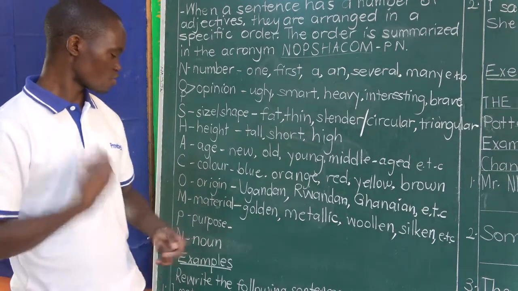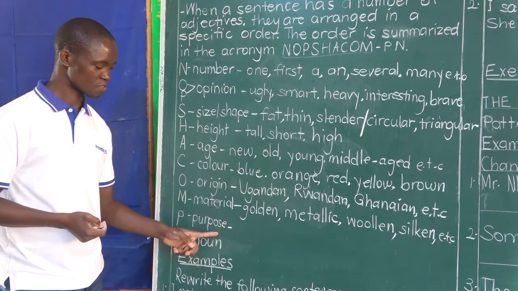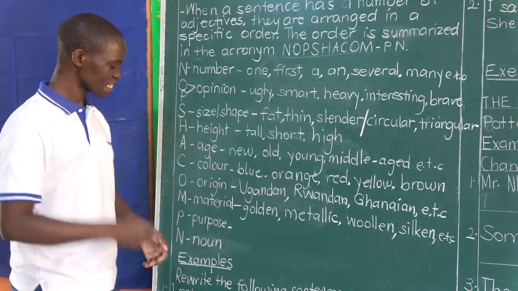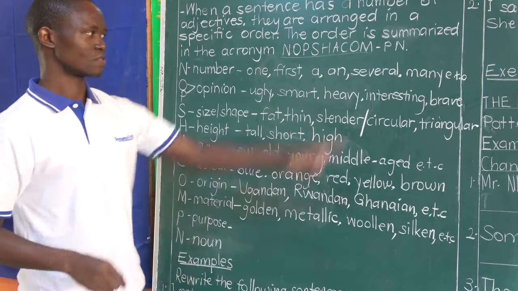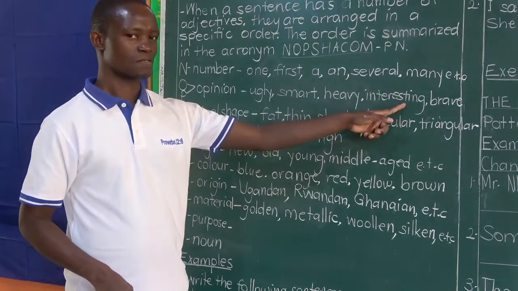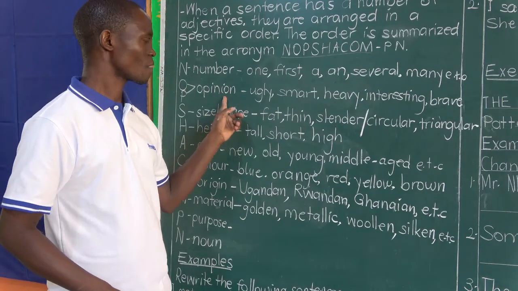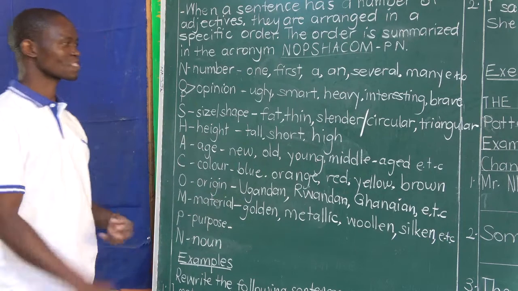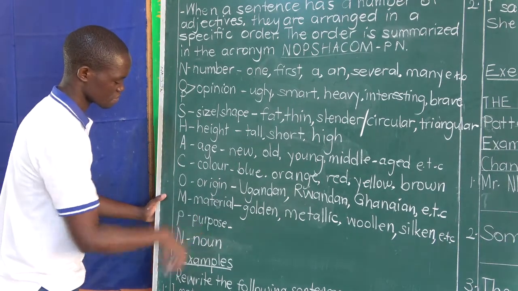Note: not all ing adjectives belong to purpose, and not all adjectives of purpose end in ing. Interesting is an adjective of opinion, but it's not written here; it shows you a living example of what I've been explaining. So we have adjectives of purpose.